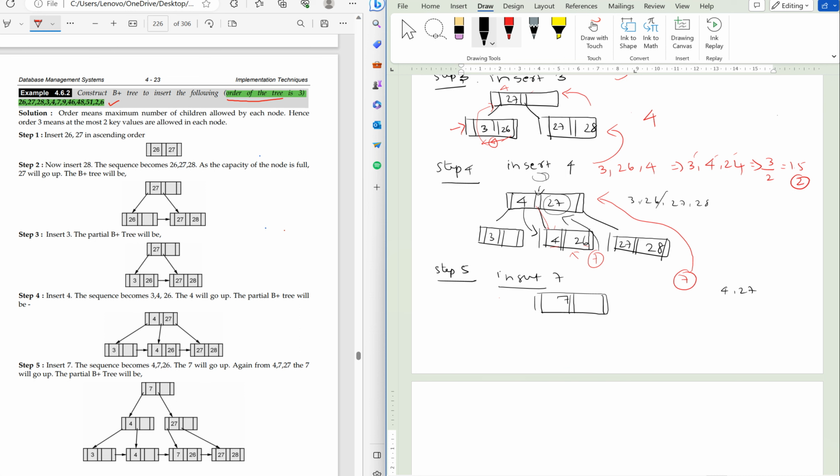So it's not possible, so we are just going to the upper node. So we are taking these 3 values, 4, 27, and the middle element goes to the upper side, and this 4, since it is lesser, will come as the left hand side node, and the right hand side node will have 27.